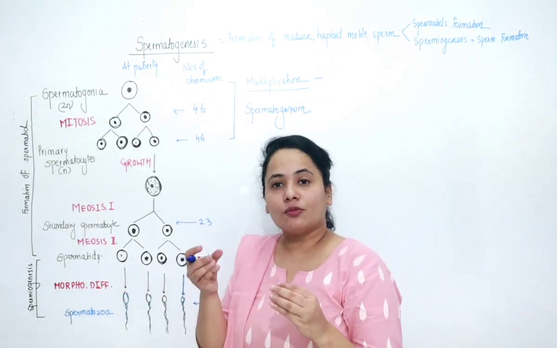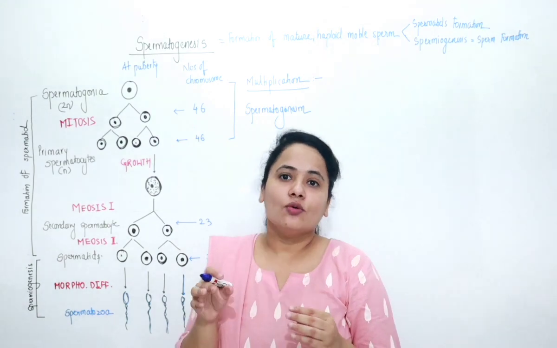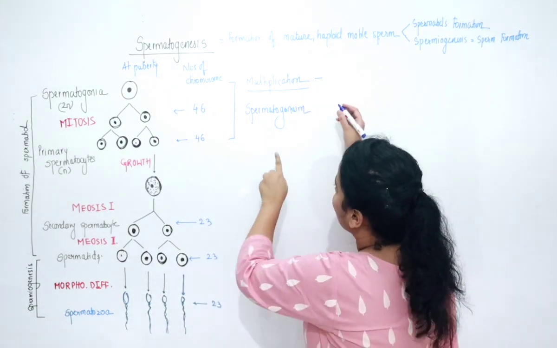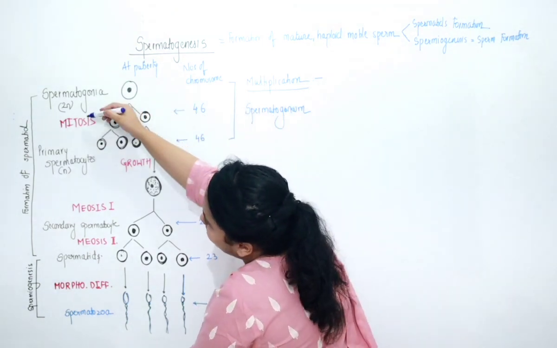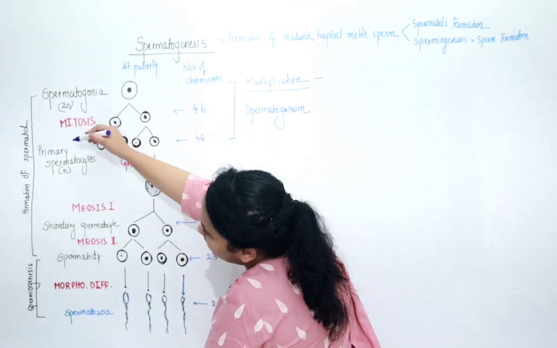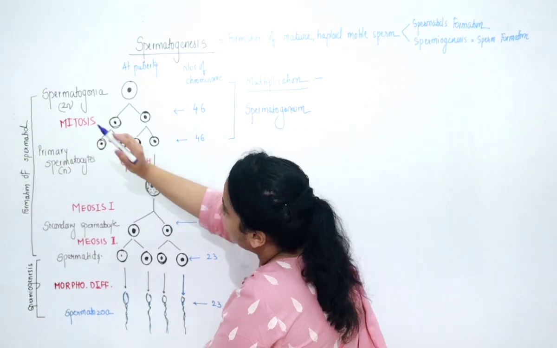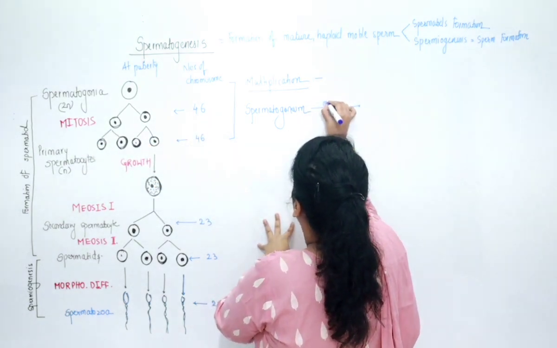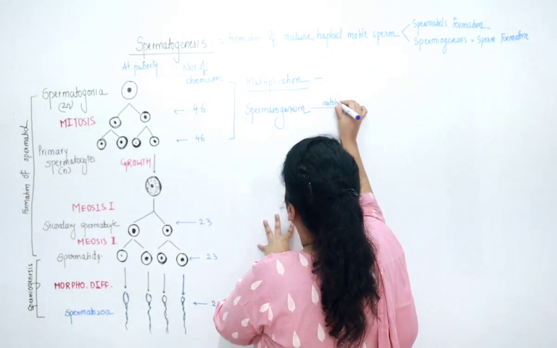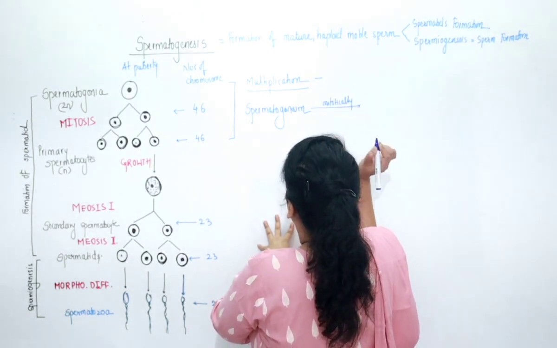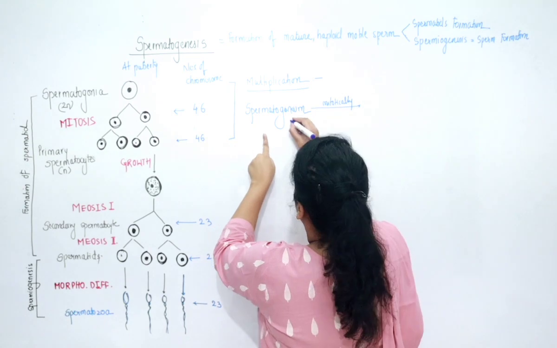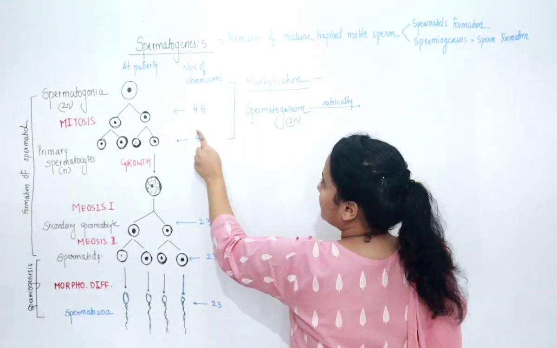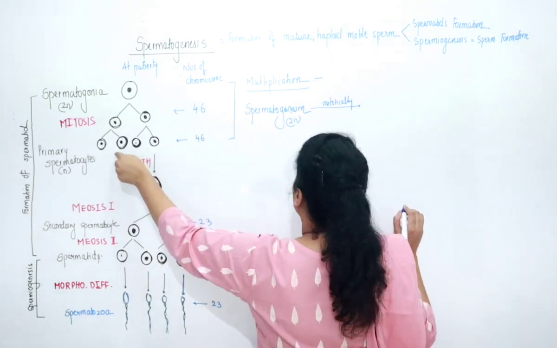The cell that comes out of the seminiferous tubules, we call it spermatogonium. And how will the spermatogonium divide? It will divide by mitosis and form primary spermatocytes. So when spermatogonium divides mitotically, if it is 2n, and 2n is 46, it will form primary spermatocytes.